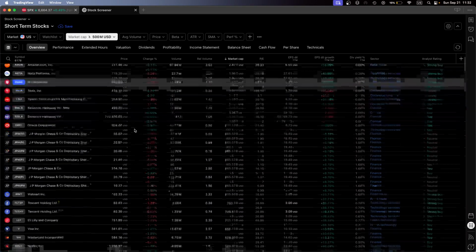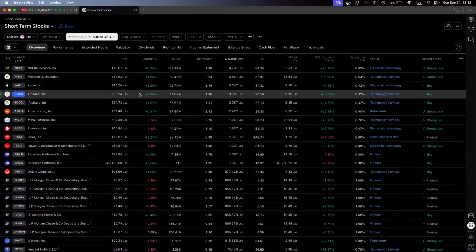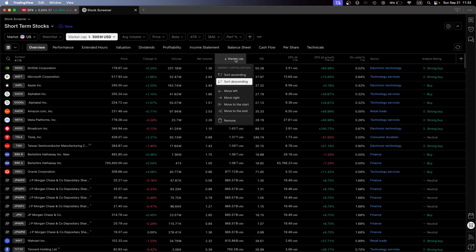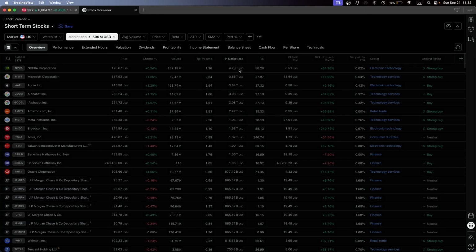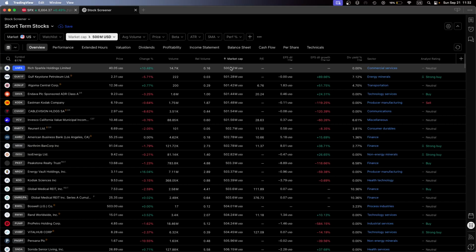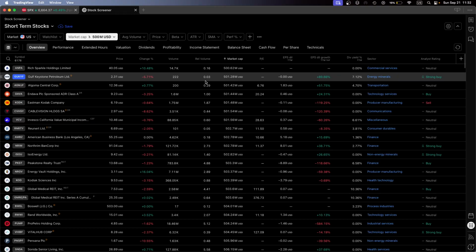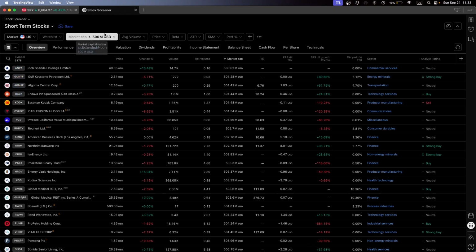So now it shows all the stocks which have market cap above 500 million. So everything above 500 million. Why we do this is, this is like the first layer of risk management. We want to filter out all the micro cap stocks, which are often quite illiquid and very easy to be manipulated. So this one is keeping our focus to more established companies.